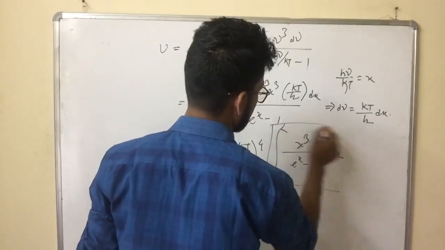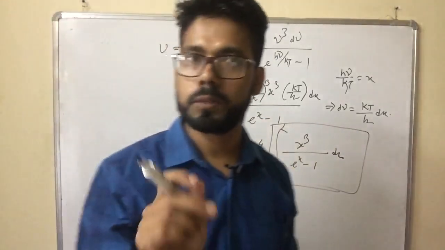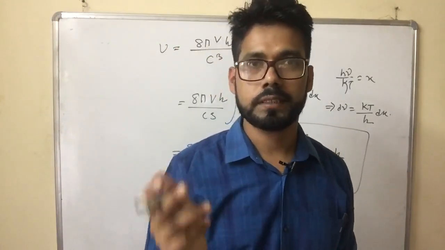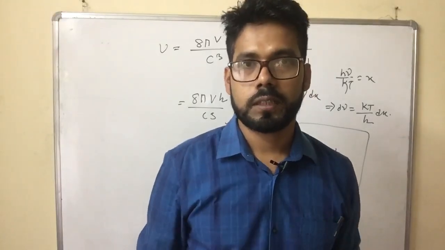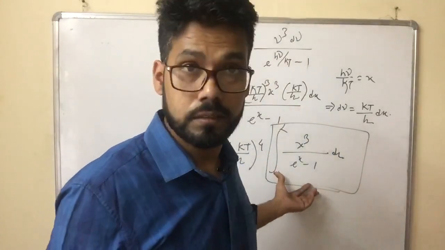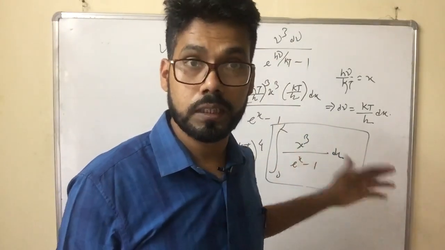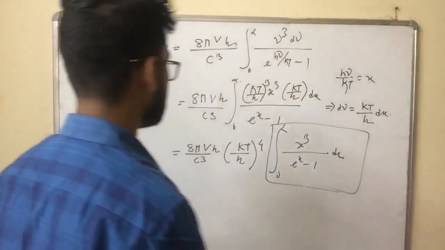See, no need to find the numerical value of this integral. This is a standard integral, you will get some numerical value, something like that. We are not focusing on that part, because the integral does not contain any variable. It will give only a numerical value. So I consider it is alpha, a constant.